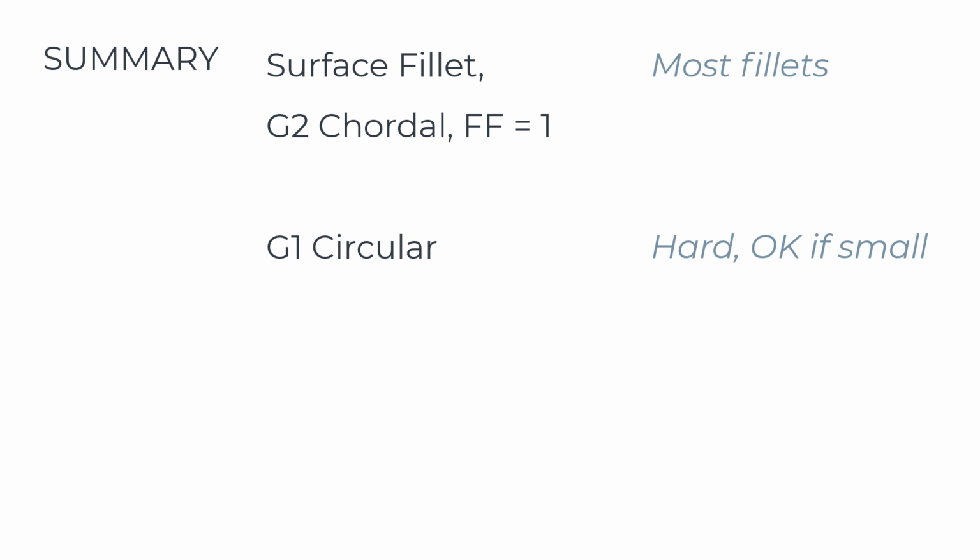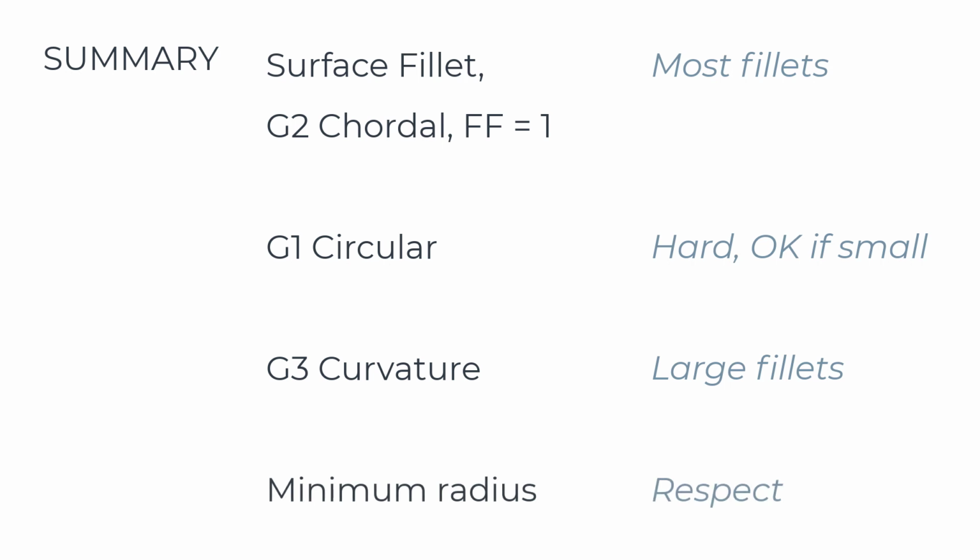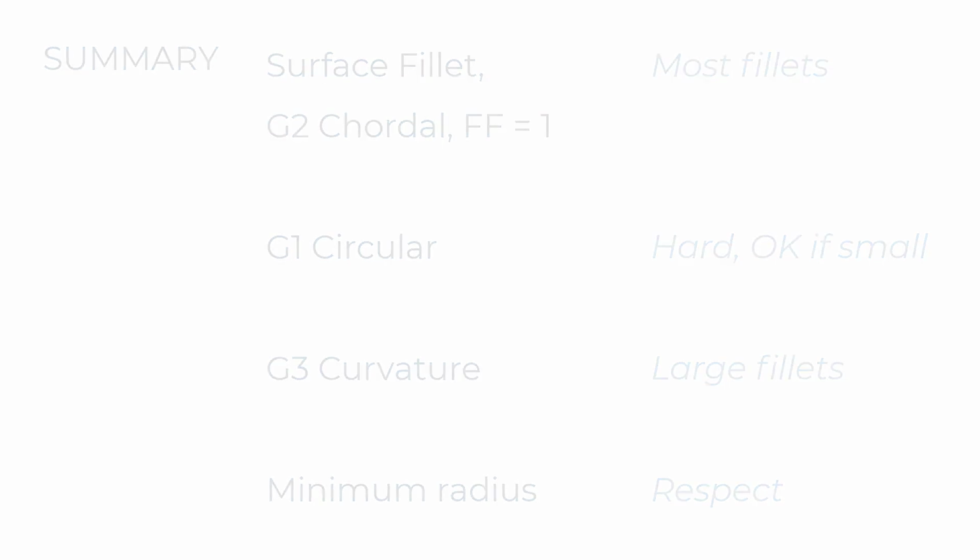They're usually only allowed if the radius is very small or if space is an issue. G3 fillets are usually only needed when the fillet is very large or if your company standards dictate this. They'll need more space than a G2 fillet and can sometimes appear too soft. We always need to respect any minimum radius requirements.